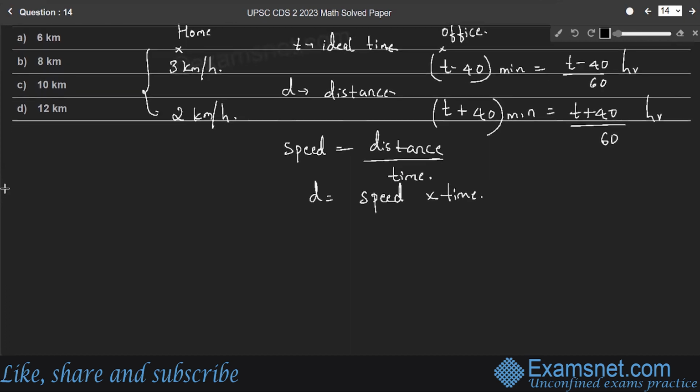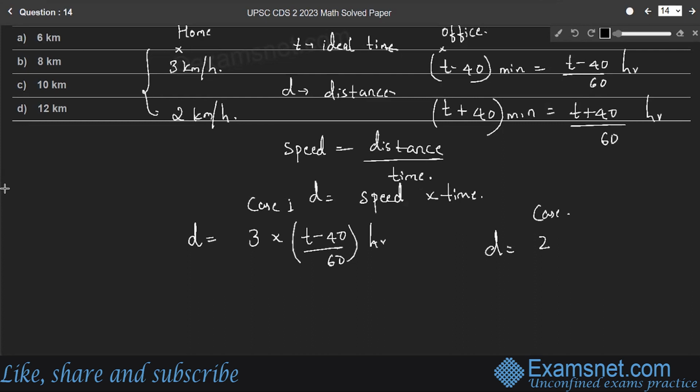In the first case, distance D is equal to, so he is walking at a speed of 3 km per hour in (T minus 40) by 60 hour. Therefore, the distance D is 3 into this value. Whereas in the second case, distance traveled by him is the same, with different speed.